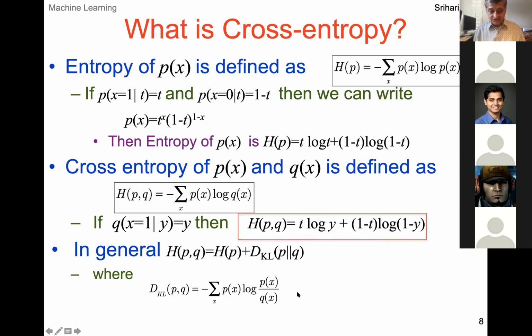I don't want to go over all these details from your implementation point of view and so on, but fundamental to your appreciation and understanding of machine learning is to know what these concepts are: entropy, cross entropy, Kullback-Leibler divergence between two distributions. These are all fundamental concepts that are going to be very useful.